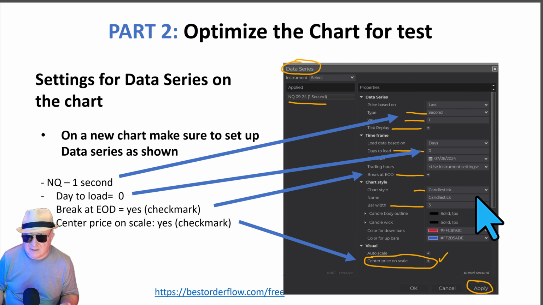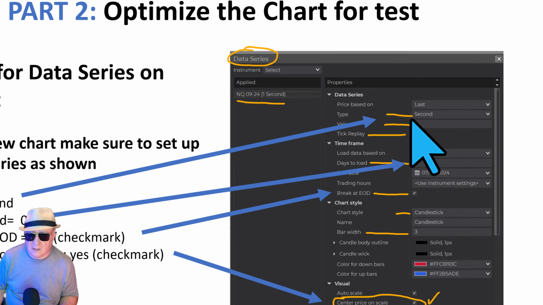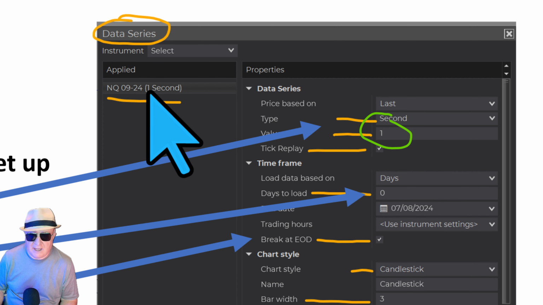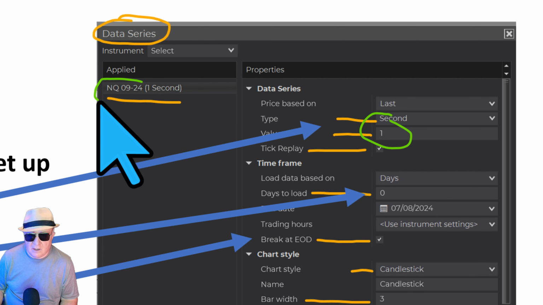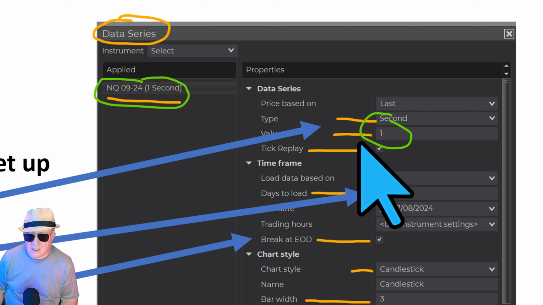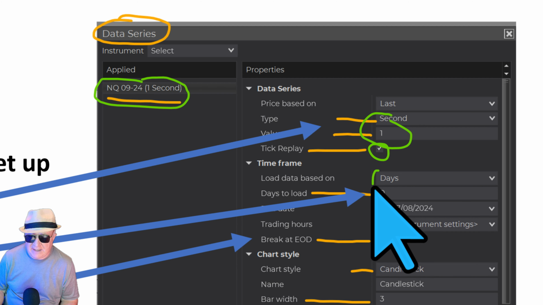Don't forget, as I already mentioned, we need to set it for 1 second, and I recommend testing it on NQ futures, NASDAQ 100. For 1 second, tick replay is yes, the days to load is 0, no dates.